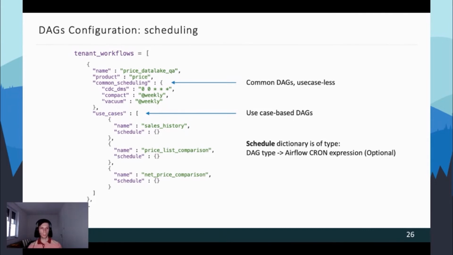This configuration shortly looks like this. We have an array of objects where every object is a tenant definition. It has some scheduling properties for types of DAGs, and also for use-case-based DAGs. These are the names of the DAGs, and there could be an optional schedule, like a cron-based schedule, or no schedule, which means somebody would trigger this DAG on demand.